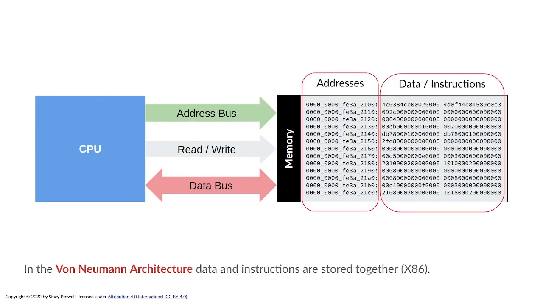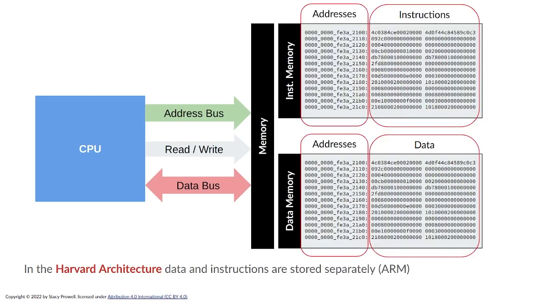We tend to think of the von Neumann architecture as being what the x86 is. That's partially true. And we tend to think of the Harvard architecture as being what ARM is, and that's partially true. Neither one of those is explicitly true. Modern processor architectures tend to be a hybrid, and we tend to lean more and more closely to the Harvard architecture.